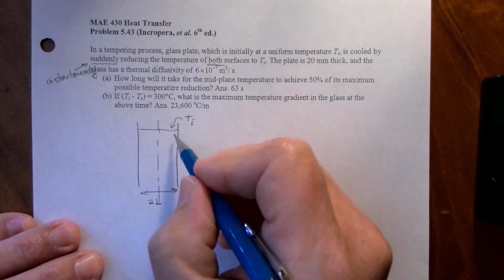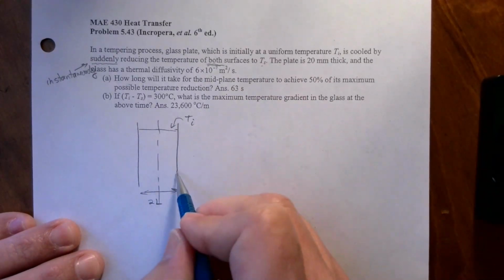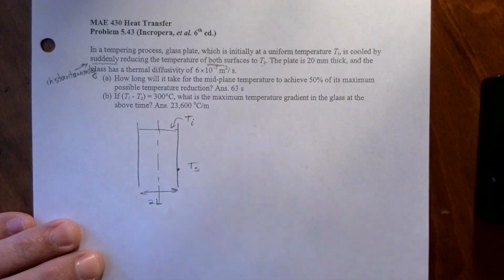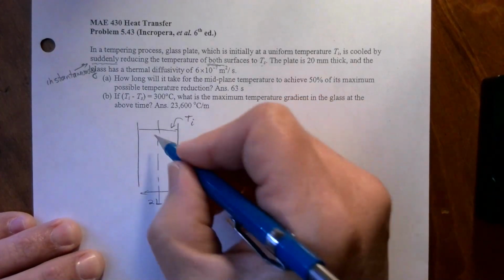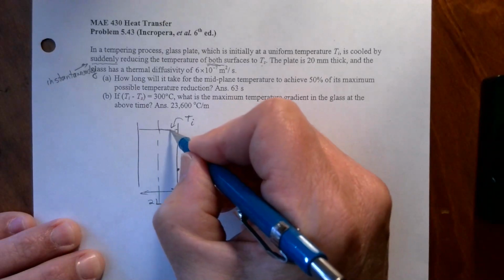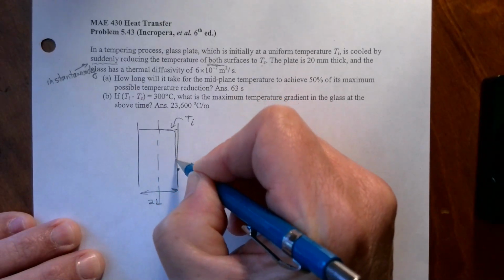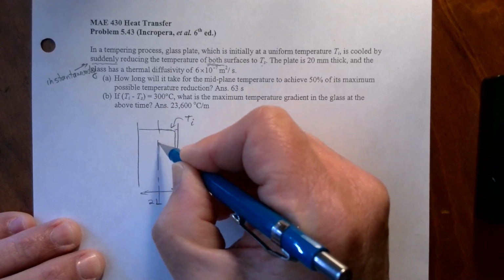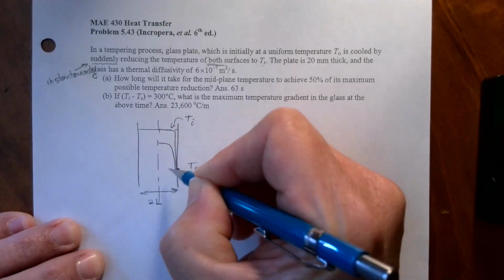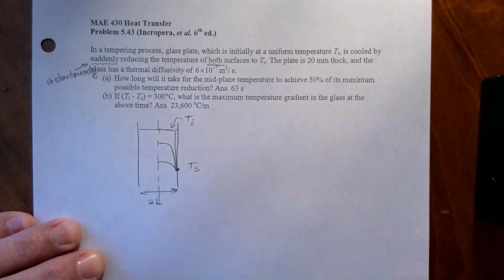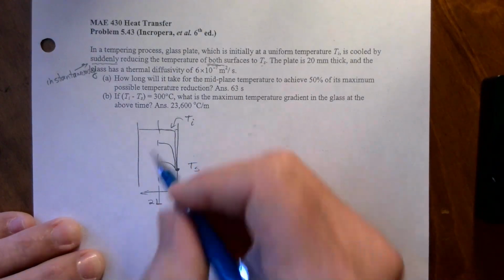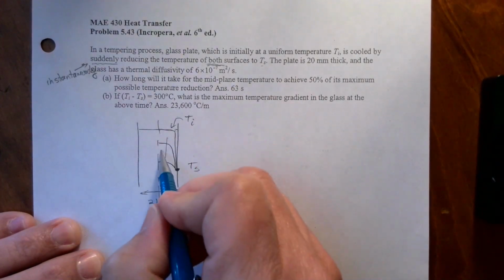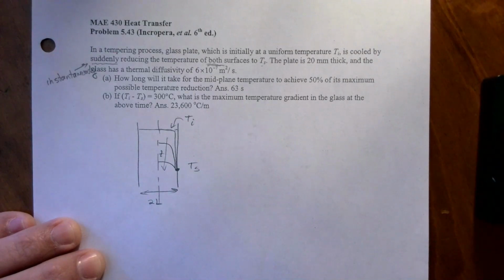At time t equal to 0, we impose a surface temperature, Ts. At a small later time, the temperature at the surface will be Ts, but it still takes time for the internal temperature to lower. So temperature profiles will look something like this as time is increasing.